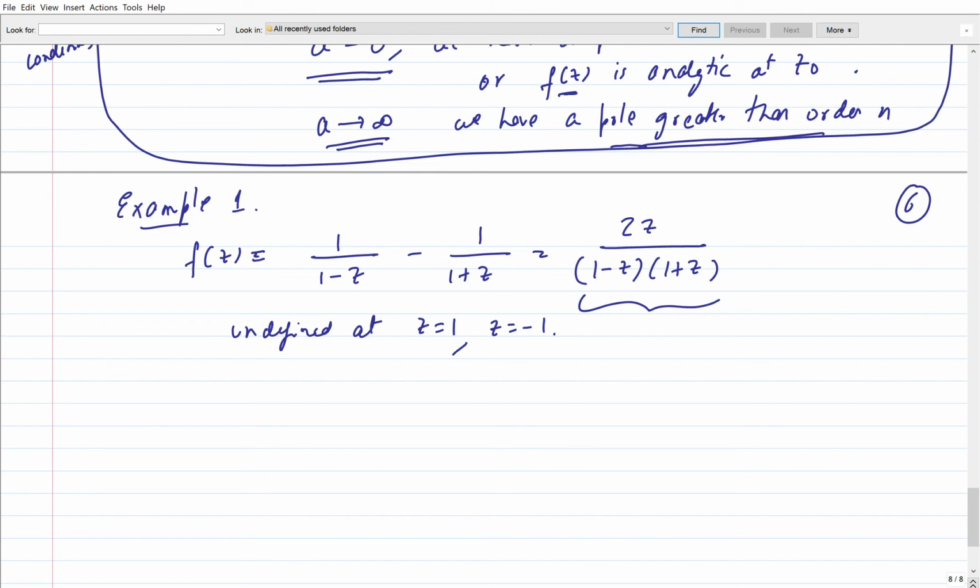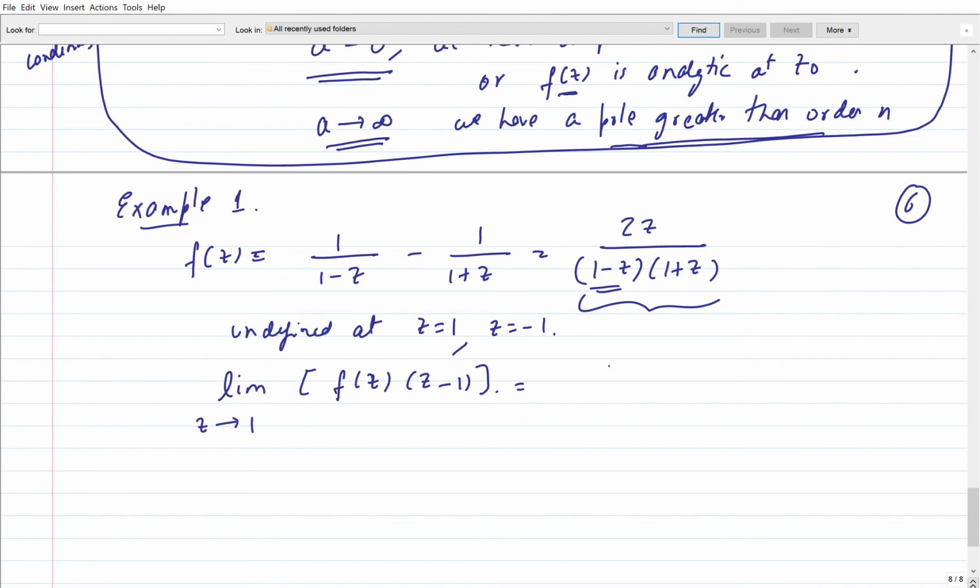In order to see what kind of poles it has, what I'll do is take the limit z goes to 1, one of the points where I think there might be a possible singularity. I write this down as fz times z minus 1.